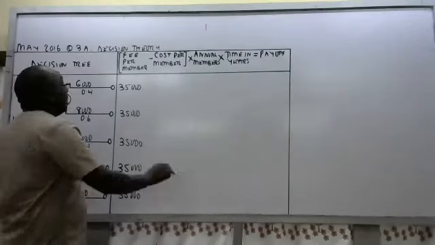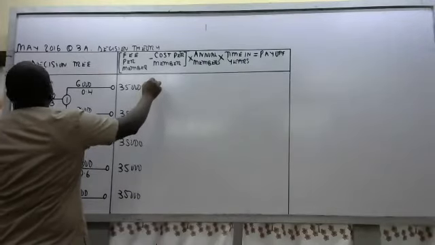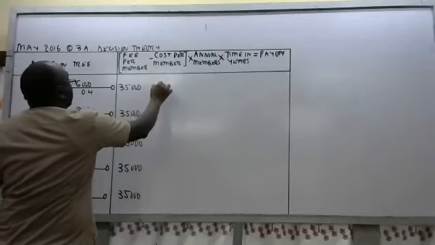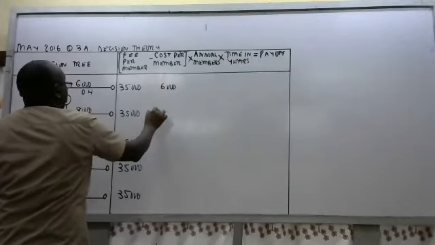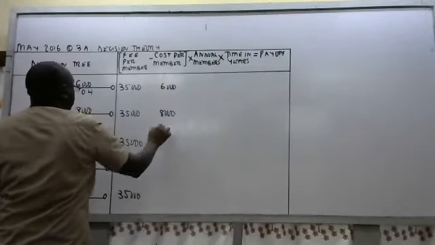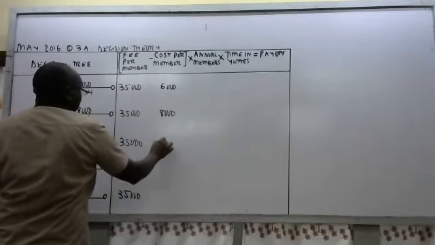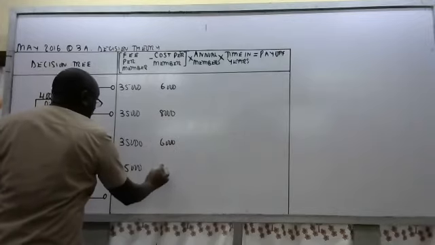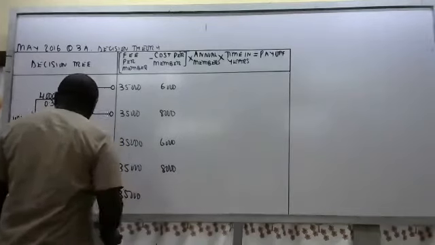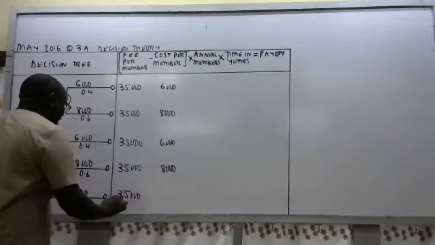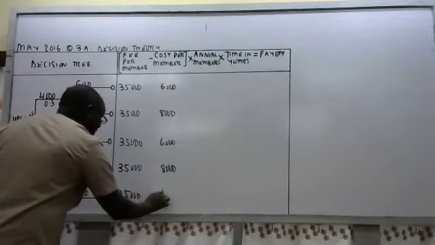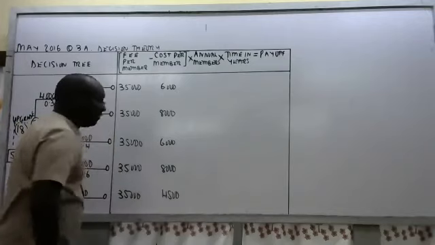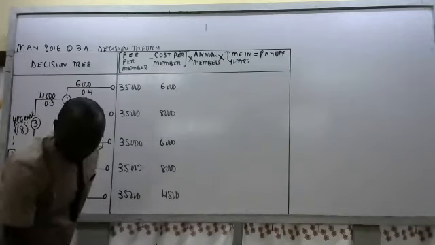The cost per member, this one is 6,000. This is 8,000. This is 6,000. This is 8,000. And this is 4,500. The cost per member.